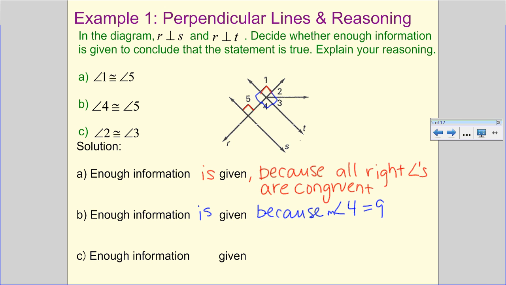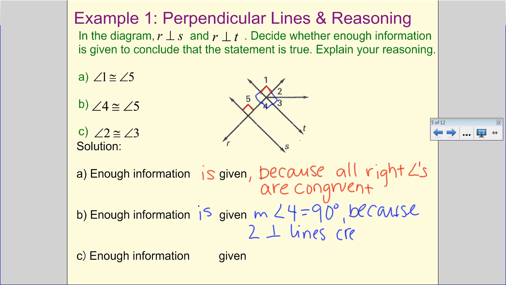You start off with the measure of angle 4 equals 90 degrees, because two perpendicular lines create 4 right angles.